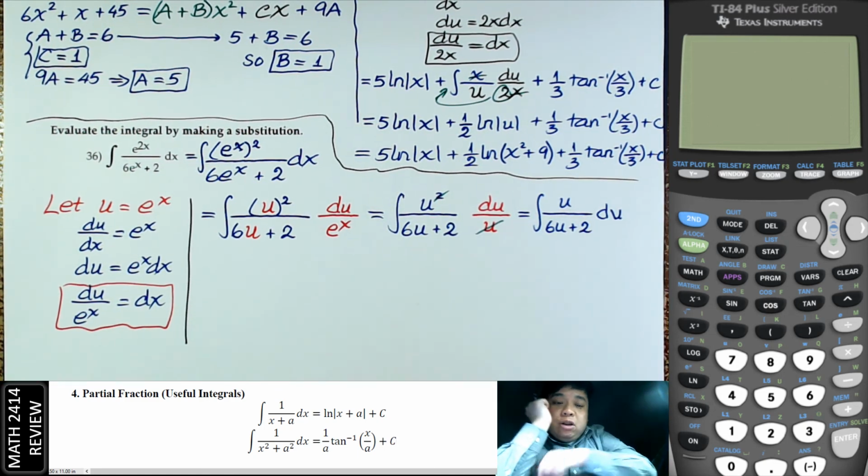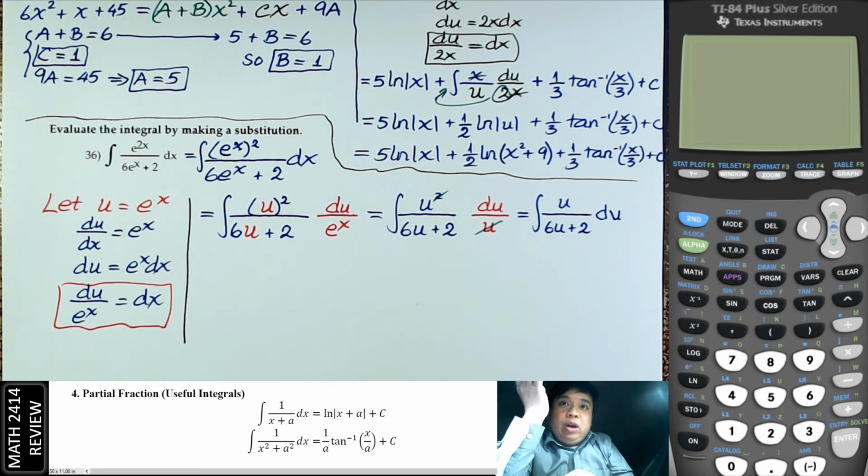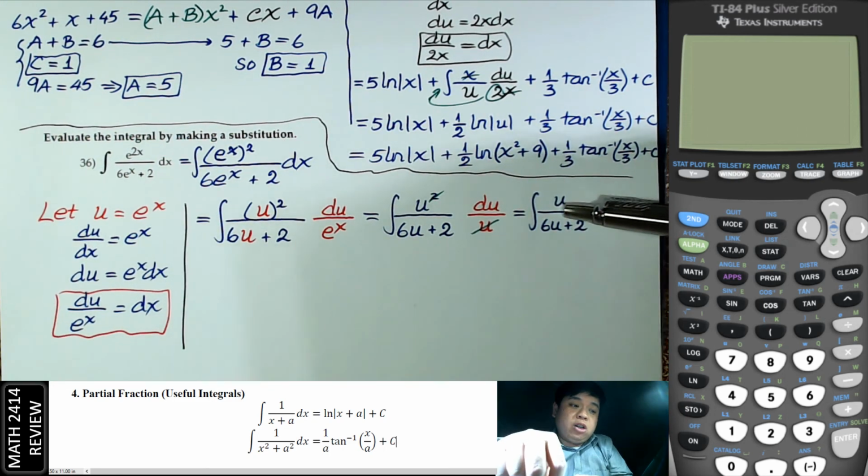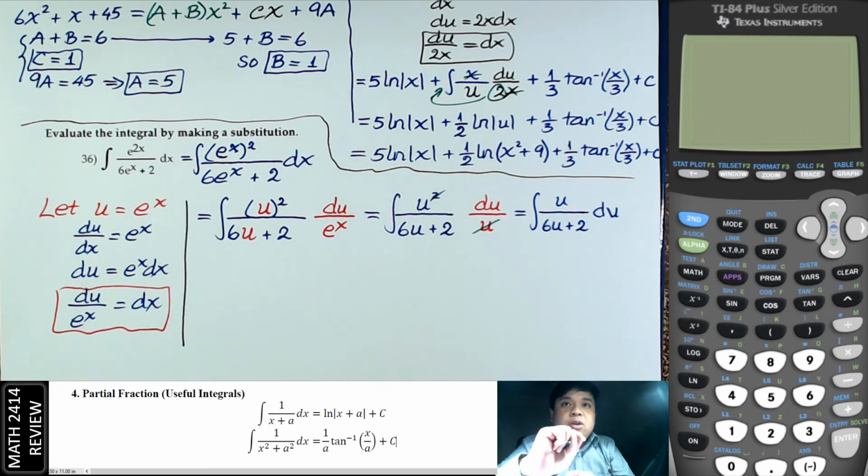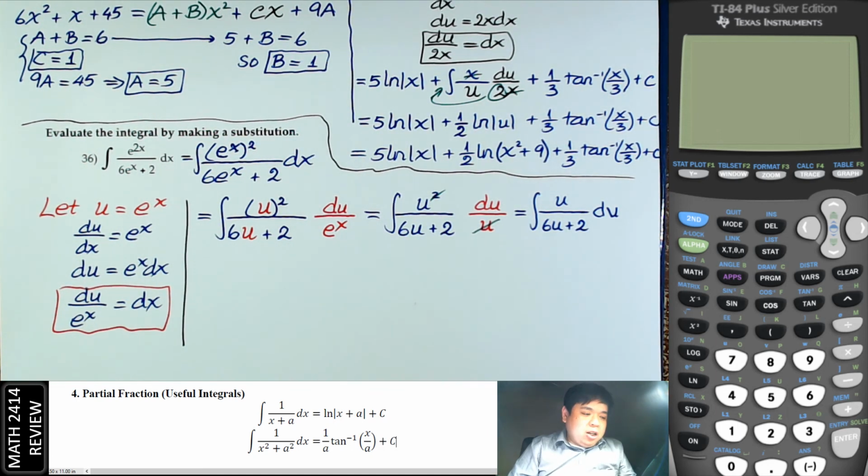Right, now this is not partial fractions because we only have one fraction, and besides, in partial fractions usually the power on the top is less than the bottom. Here they are equal, so there must be something else. So what we do here is another substitution.